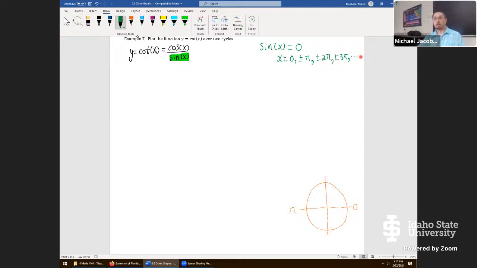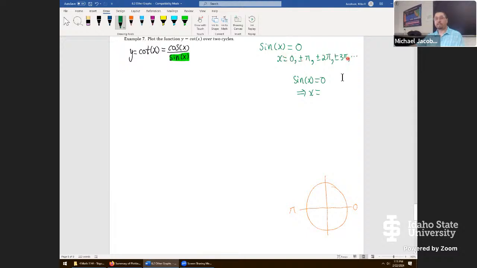Another way to say this is sine x equals 0 implies x equals... What I'm doing here is taking a more familiar way to write all the zeros for sine and making it compact. That makes it more confusing, but we start to see this more and more in chapter 7. So this is more of a preview.